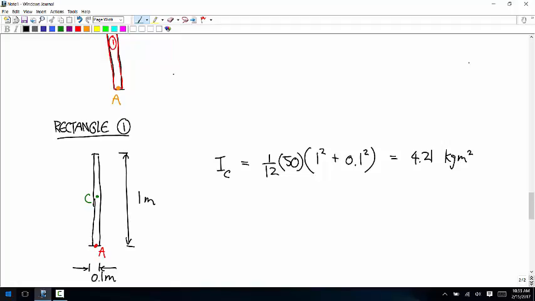But then what we really want is the moment of inertia about A. So we have to use the parallel axis theorem. So the moment of inertia about A is equal to 4.21 plus the mass, 50, times the distance from C to A. What's that distance? 0.5, yep. And that is 12.5, 16.71.